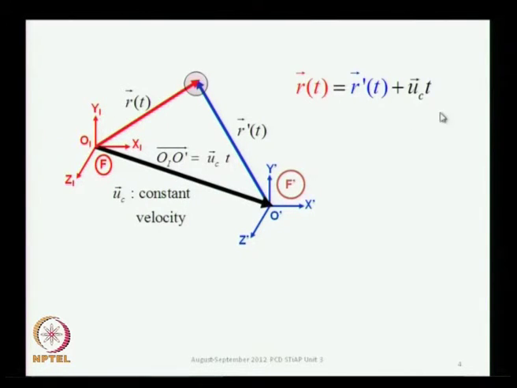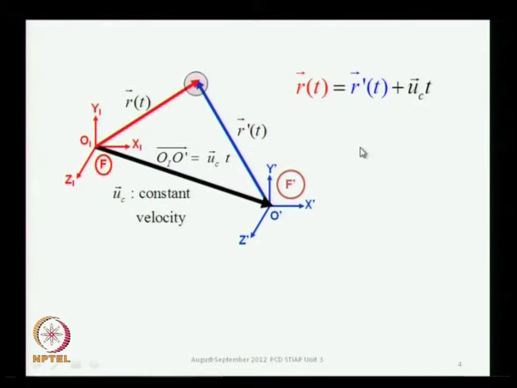The difference is this displacement of the second frame of reference. We assume that the x, y, z axes of both the frames lie on top of each other at t equal to 0. So the displacement in time t would be this velocity times t, and this is the relationship between the two position vectors.